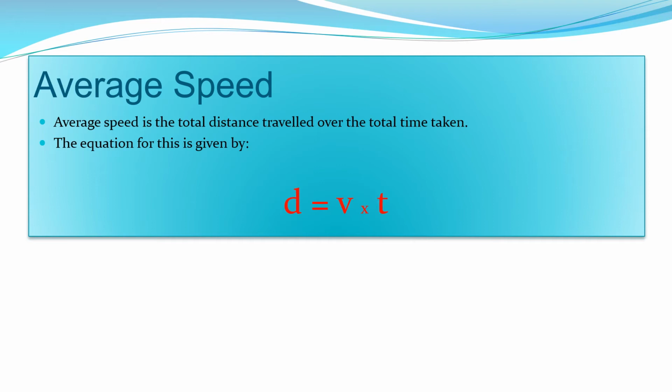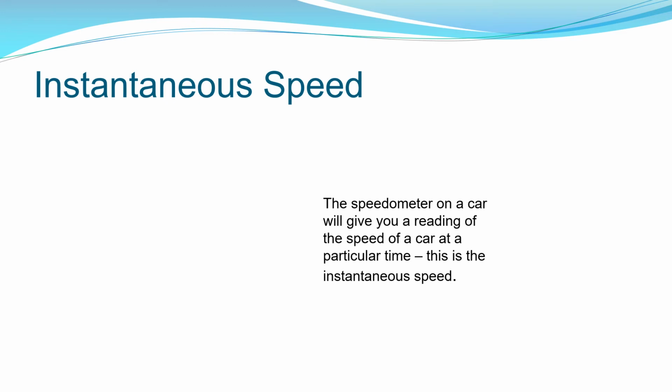The other type of speed we want to be thinking about is instantaneous speed, okay, which we haven't really dealt with before, okay? So the speedometer on a car is an example of something that gives you an instantaneous speed, okay? That's changing all the time. It's not measuring your speed over the whole journey. If you put your foot down, that speedometer is increasing because your speed is increasing in that particular time.